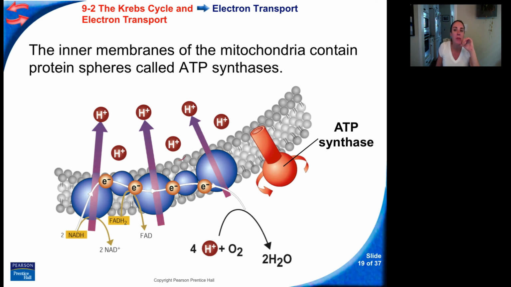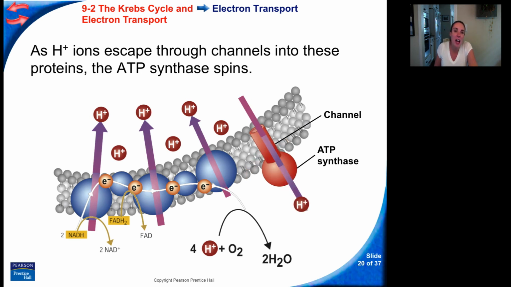The inner membranes of the mitochondria contain protein spheres called ATP synthases. This is an ATP synthase molecule. It is going to synthesize or make ATP. So as hydrogen ions escape through the channels into these proteins, the ATP synthase spins. So remember, you want the charge to be equal on both sides. Diffusion wants it to be that way, okay?